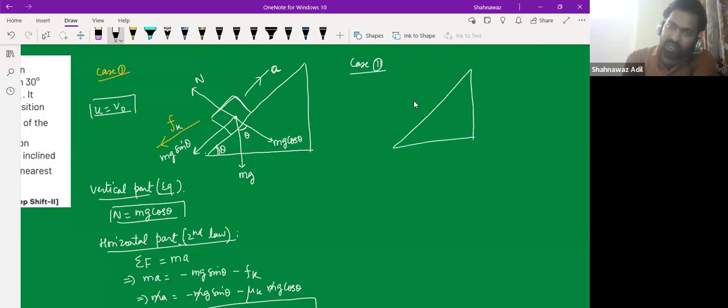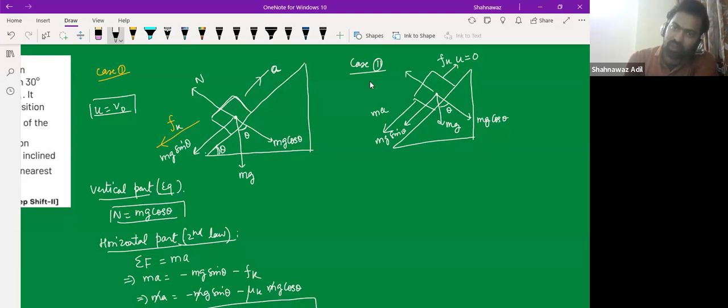So now in the second condition, what is happening? The block is going down. Initial velocity is zero. You have this mg, and then you have this theta, mg cos theta, mg sine theta, this is ma, and this would be your friction. This is your normal reaction.